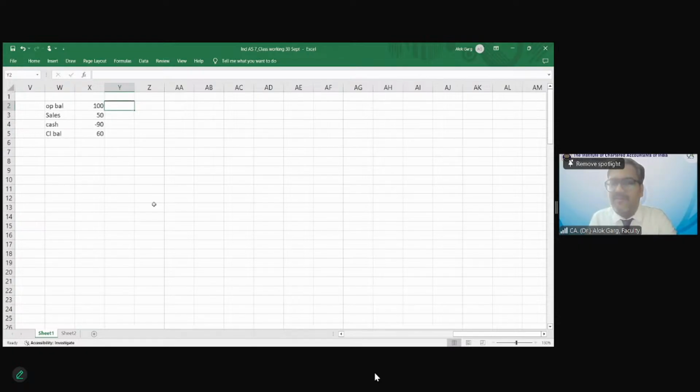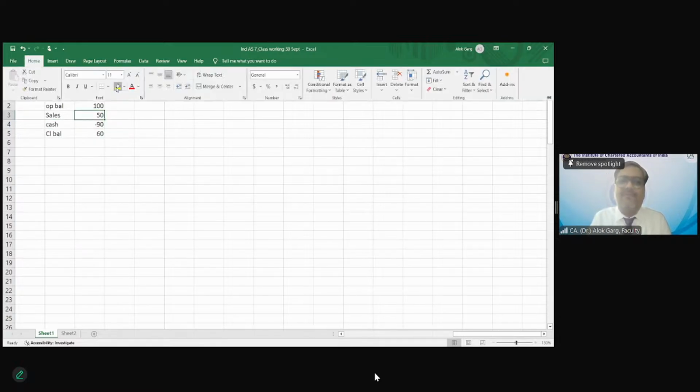But you have received cash. It means this change in working capital also requires some adjustment. And what is that adjustment? Out of the 90 rupees which you have received, 50 rupees is already there in your P&L, right?